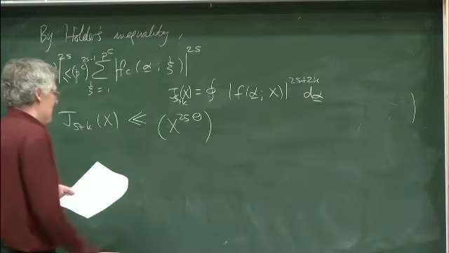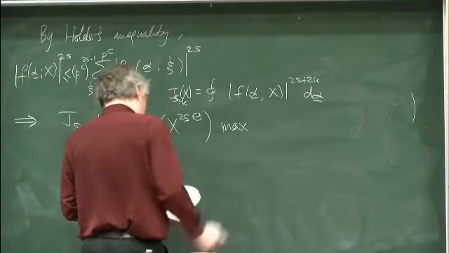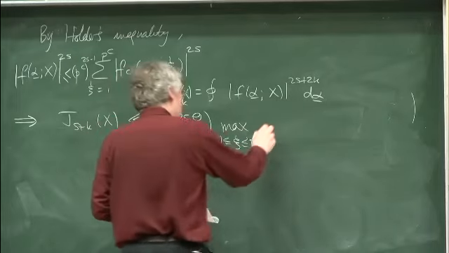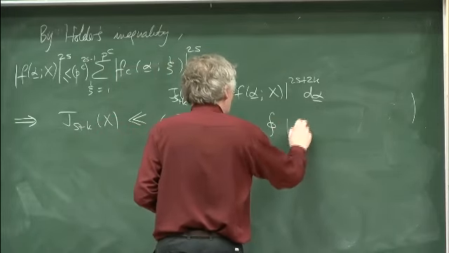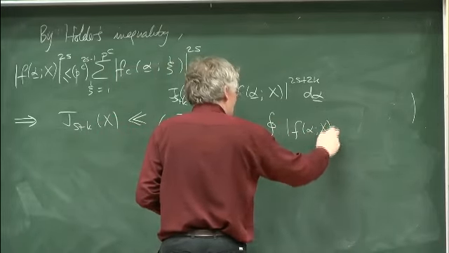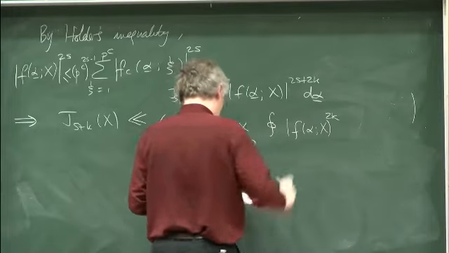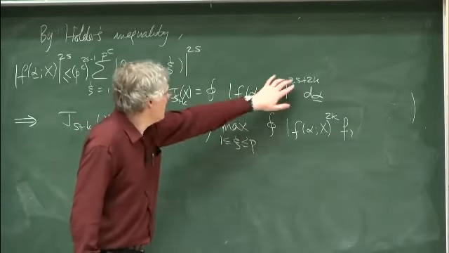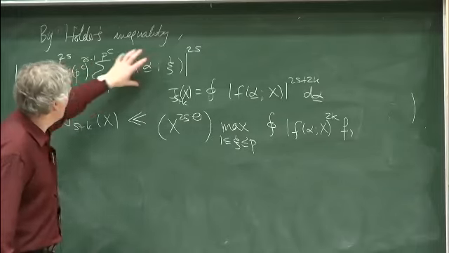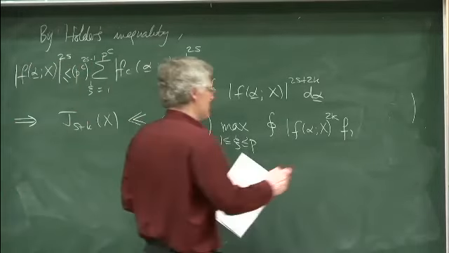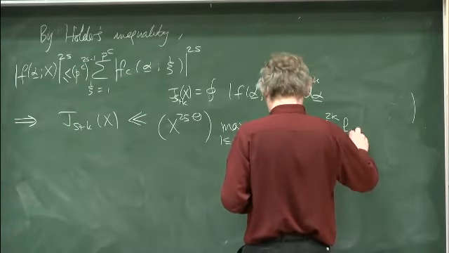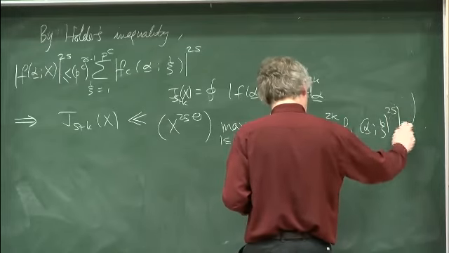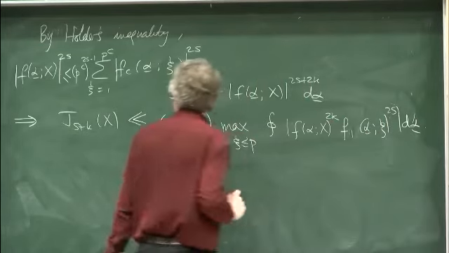So what do I have? I can write this as x to the 2s theta times a max over the possible residue classes of now the original exponential sum to the power 2k, and these 2s of these guys I'm replacing by this object. So I've got f_1 of alpha and c here to the 2s. And this may look a bit obscure.